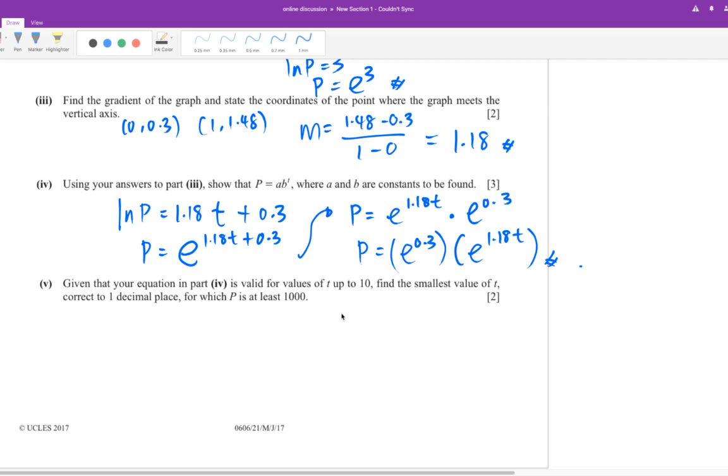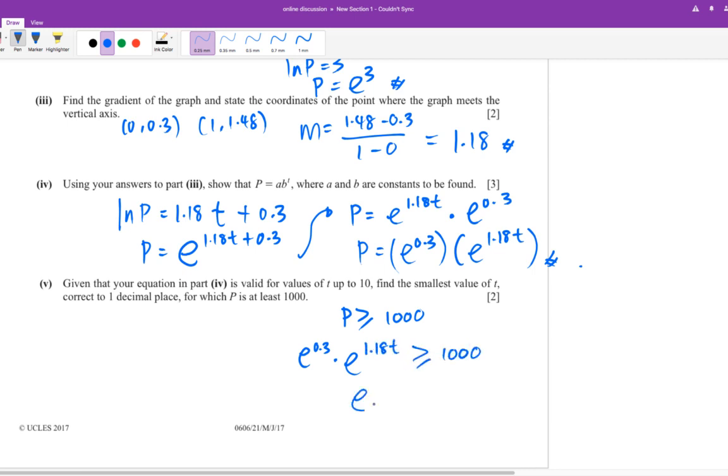So I will say when P is at least, oh sorry, at least is not this sign, P will be at least 1000. Then the e is 0.3 multiply e to the power of 1.18t will be bigger or equal to 1000.